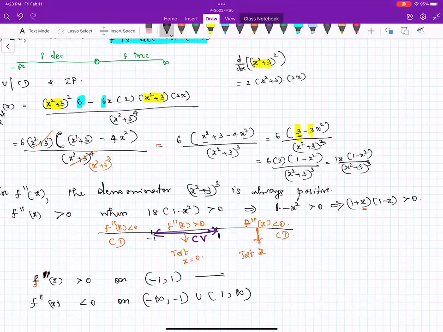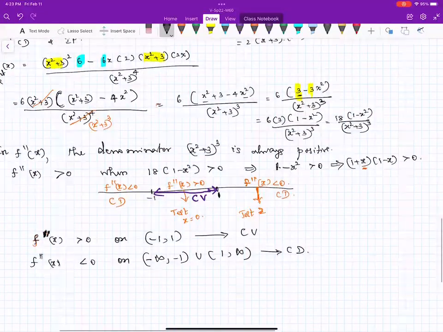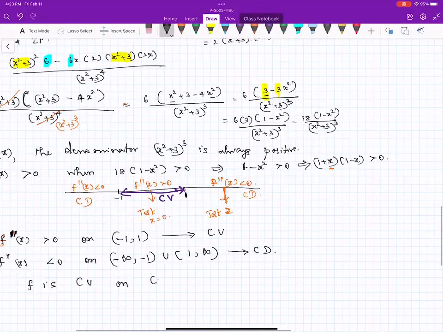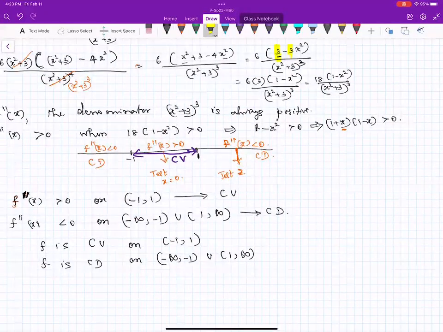So in this interval, it is concave up. In this interval, it is concave down. So we can write f is concave up on negative 1 through positive 1. f is concave down on negative infinity to negative 1, union 1 through infinity. Right? This is another piece of information about the graph.